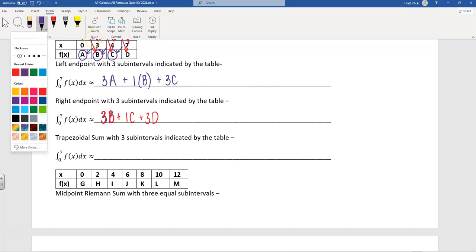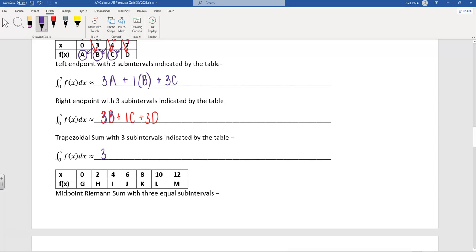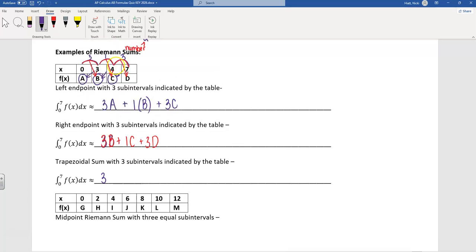So it would look like this. You'll have height, which would be 3 for that first one. And then we would multiply by A plus B, the two bases, over 2. That'd be your first trapezoid. Then we would have 1 times B plus C over 2.